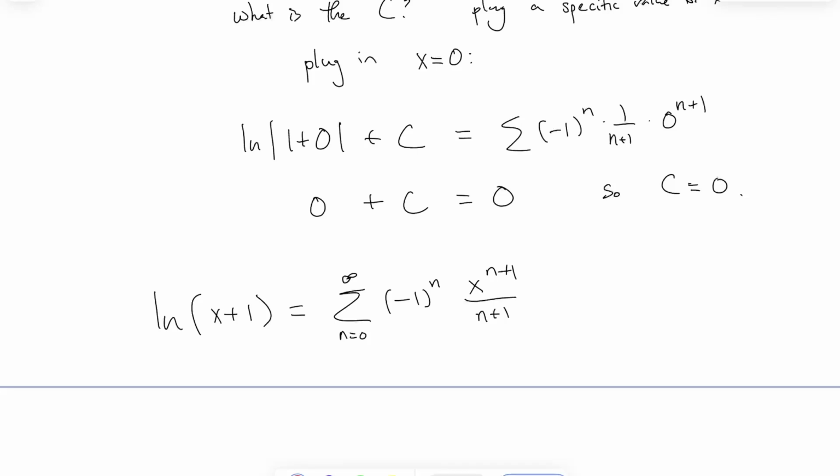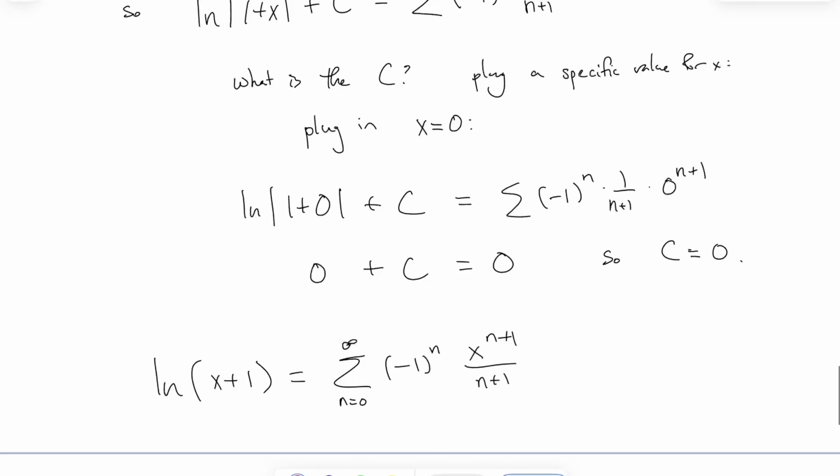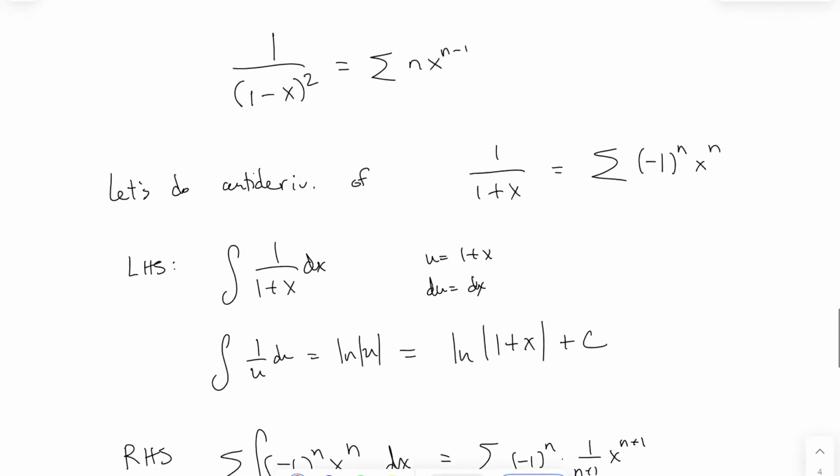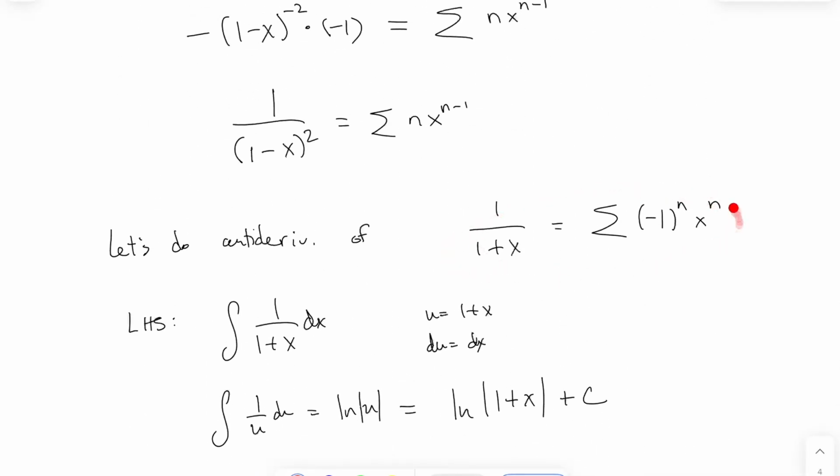When does it converge? You have to kind of look back at what we've been doing this whole time. I used this, right? So this one right here, this one converged when absolute value minus x less than 1, because I got that by plugging negative x into the standard formula. But of course, absolute value minus x is the same as absolute value x, right?